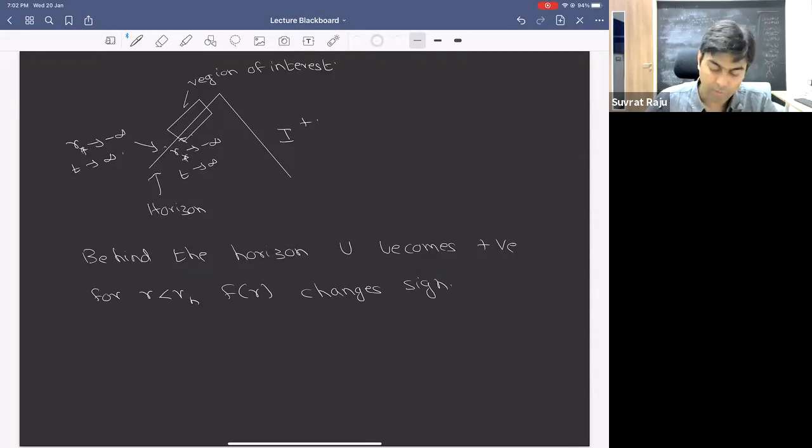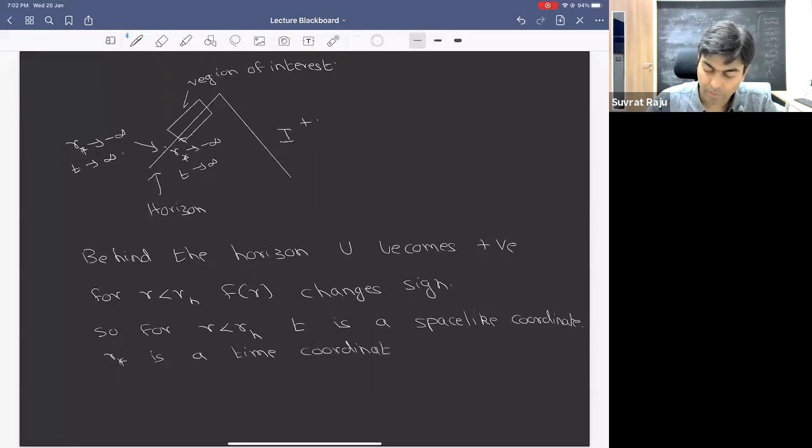And therefore, for r smaller than rh, t is a space-like coordinate, and r star is the time coordinate. So when sometimes people say that space and time switch behind the horizon, this is what they mean.